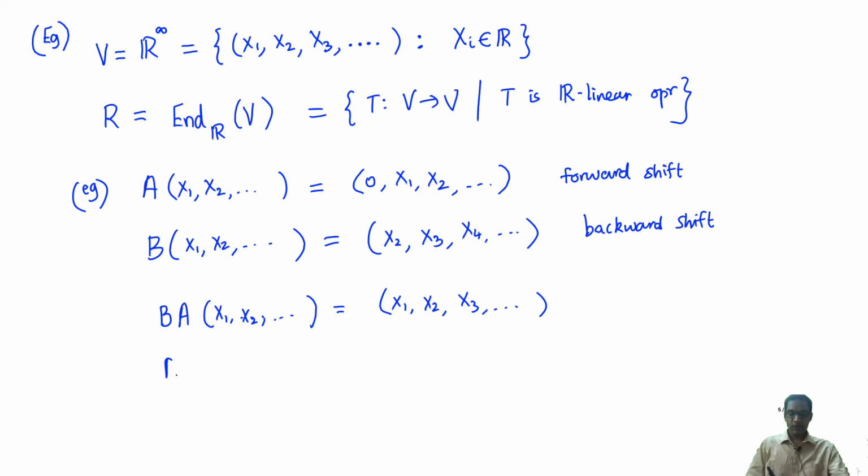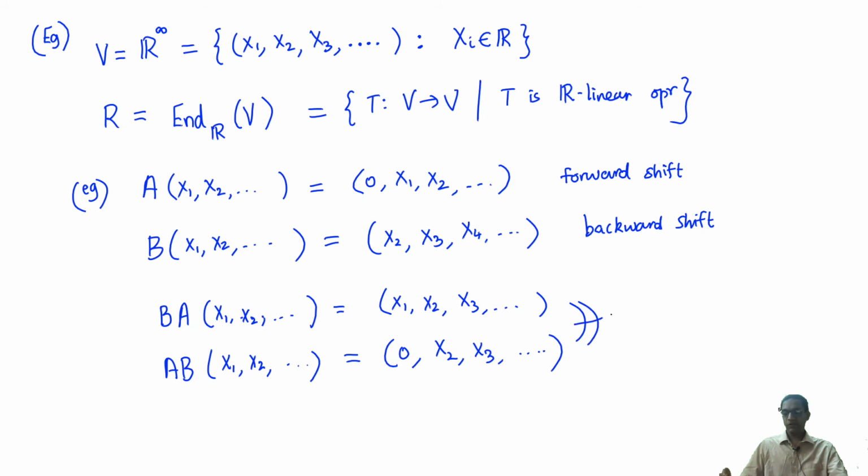But if I do it in the other order, I don't get the same answer, because the backward shift will throw the x1 out and the forward shift will put a 0 in its place. So x1 goes away and I have a 0 in its place. Observe that these are not in general equal. If x1 is non-zero, they are not going to be equal to each other. So the operator AB is not the same as the operator BA.